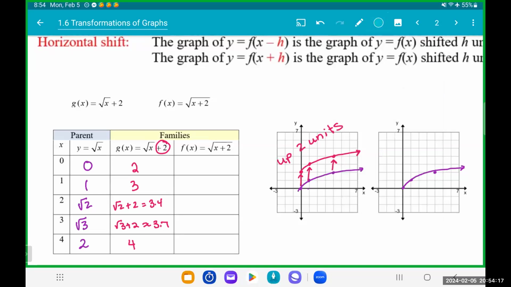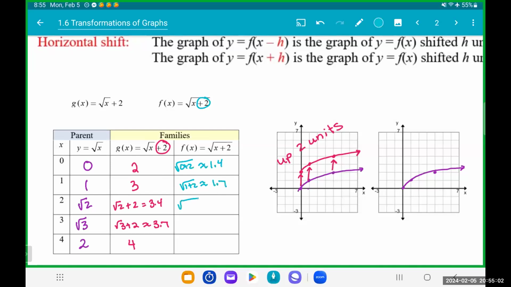Let's look at if the plus had been inside of the equation. Now, instead of taking this final answer and just adding 2 to it, we actually have to put it all together. So 0 plus 2 is the square root of 2, which is approximately 1.4. This one is 1 plus 2, which is approximately 1.7.